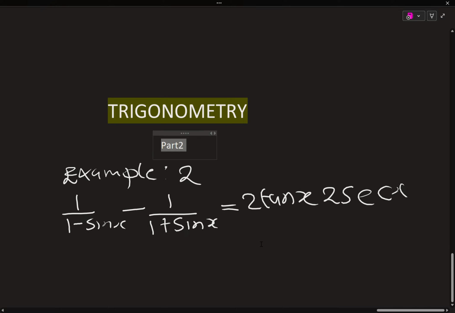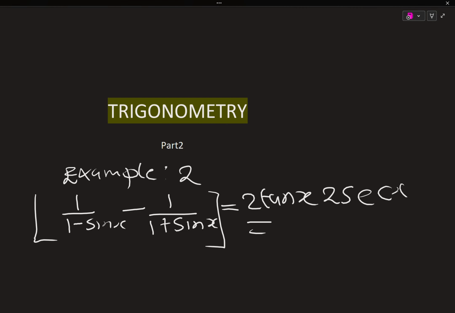So our example is simply we need to prove that this is equal to this. So let us prove. The first step that we have to do is pick the most complex between the two.